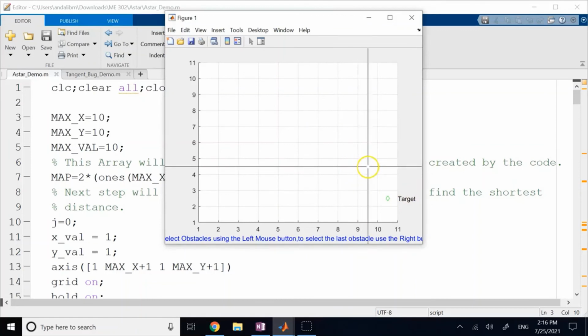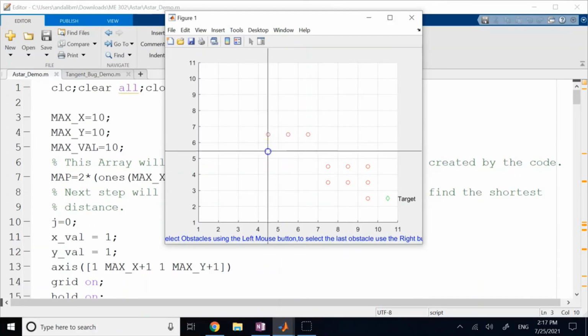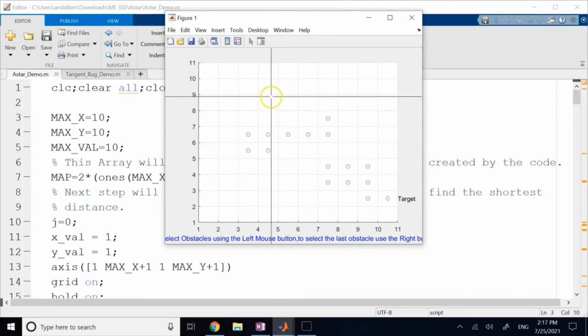So here we go. Let's say this is one obstacle like this. Then I have an obstacle like that. And then I have an obstacle like this.